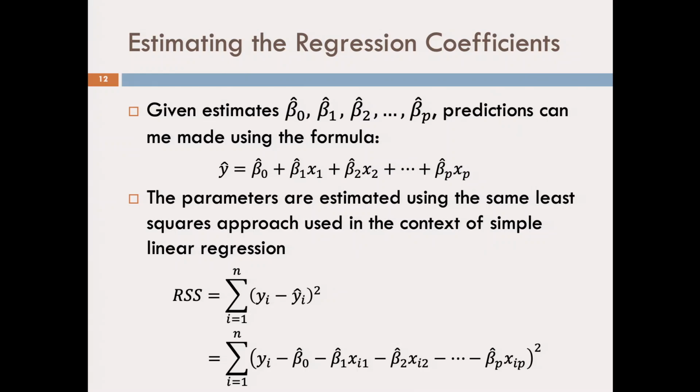So the predicted response corresponding to yi is our whole multiple linear model, corresponding to xi. The sample has p variables, and there is a linear relationship between the variables and the response.